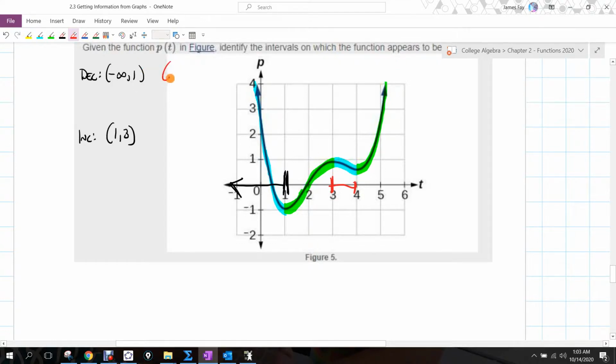So I'm going back up here. 3 to 4 is another interval for decreasing. And then from 4 this way, you are continually increasing. And I know it's always because we've got arrows here. So I'm going to infinity with these arrows. So increasing from 4 to infinity, then we'll union these.